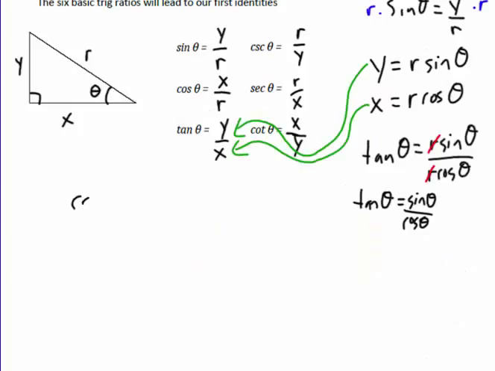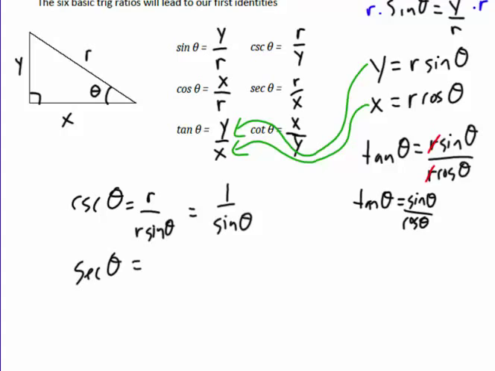For cosecant theta is r over, if we replace the y with r sine theta, we really just get 1 over sine theta, which we already knew. So cosecant is 1 over sine theta. We could say that secant theta is r over r cos theta, which is 1 over cos theta.